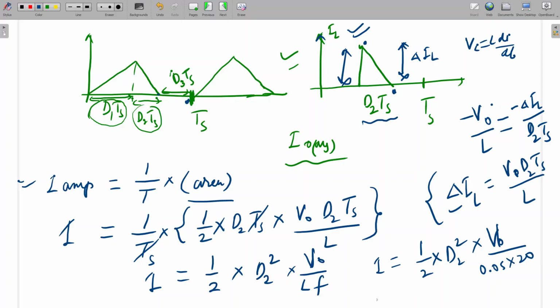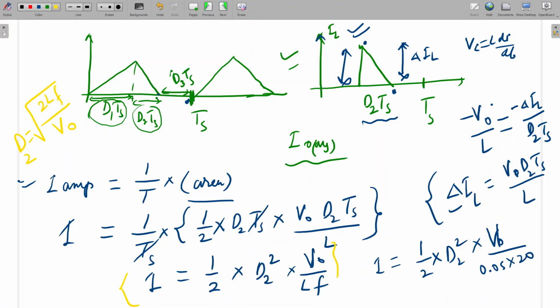See, D2 is equal to, directly we can write, under root 2 LF divided by V naught. Okay, from this equation, 2 LF divided by V naught.